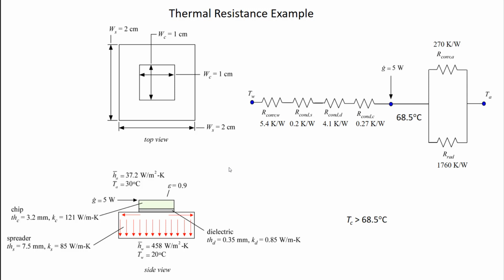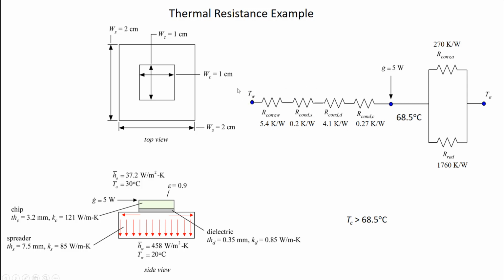Is that going to give me an upper bound or a lower bound on the actual resistance that separates this chip from the water down here? I think that by ignoring this spreading resistance, what I'm going to get is a lower bound on the actual resistance that separates this point here from this point here. I'm going to get a lower bound on the actual resistance that separates the chip from the water, which we know is the most important part of this problem, right?